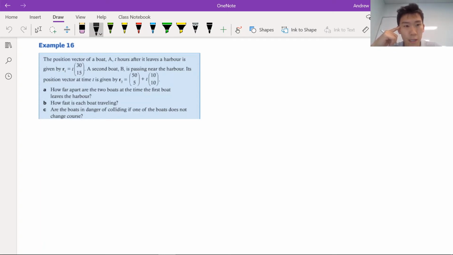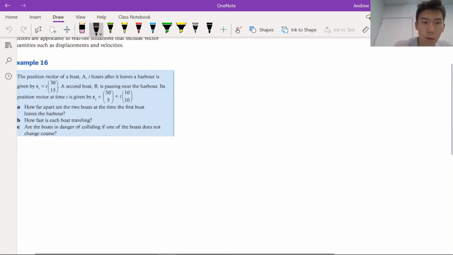Its position vector at time t is given by R2. Okay, so we have another vector equation of boat B. All right, and this tells us that both boats are traveling in straight lines, because of these vector equations. All right, part A, how far apart are the two boats at the time the first boat leaves the harbor? All right, so let's think about what that means.